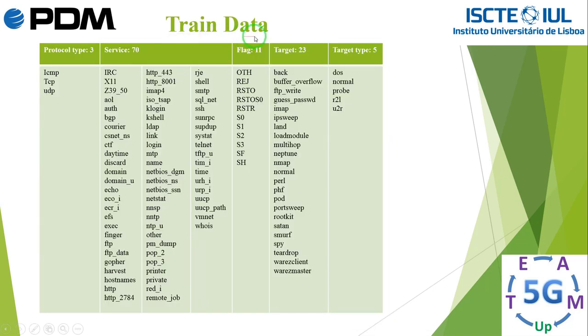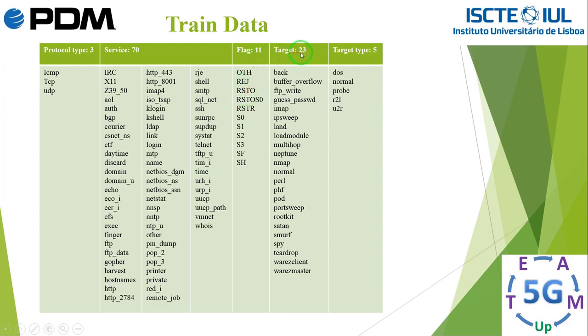If we look at the train data, the number of unique values for protocol type is 3, for the service feature it is 70 different unique values, and for the flag it is 11 unique values.